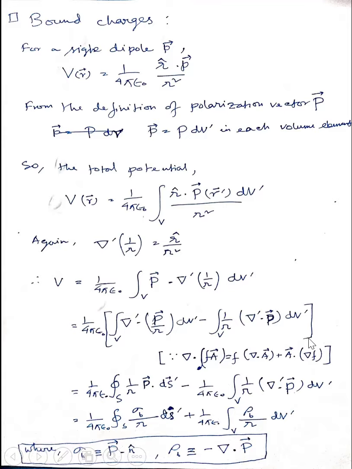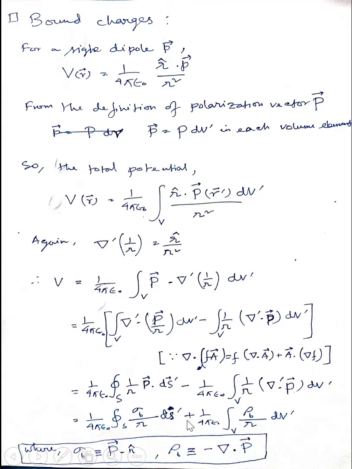I have just rearranged the terms. Finally, applying the divergence theorem, you can see it converts a volume integral to a surface integral, and the other is volume to volume. So this can be written in this way. One is the surface charge density and the other is the volume charge density, right?